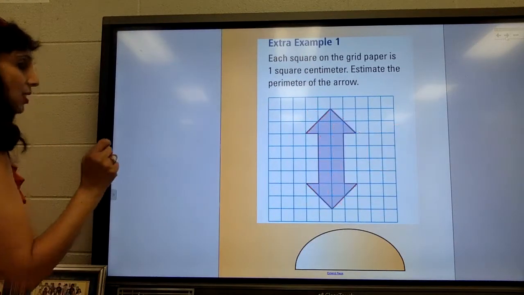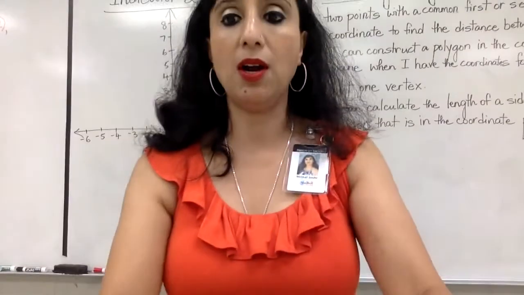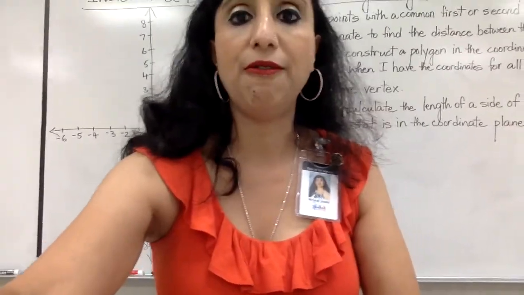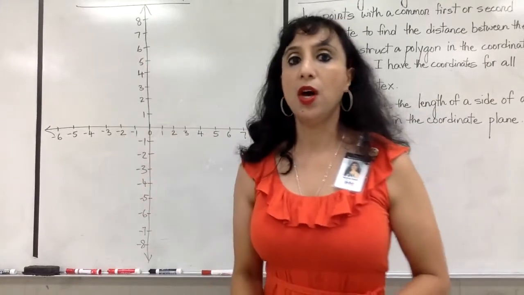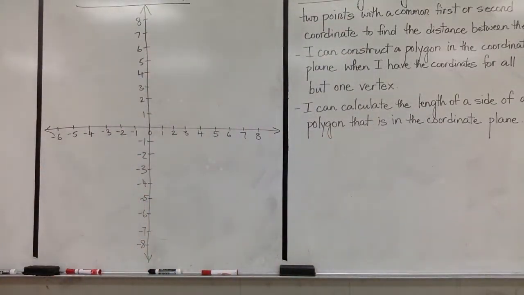And now let's go back to constructing a polygon in a coordinate plane, and then finding the missing value. So let's say I have been given coordinates with vertices.